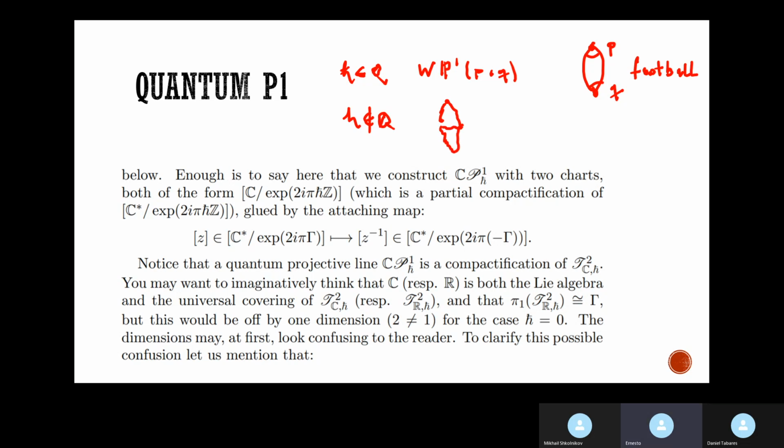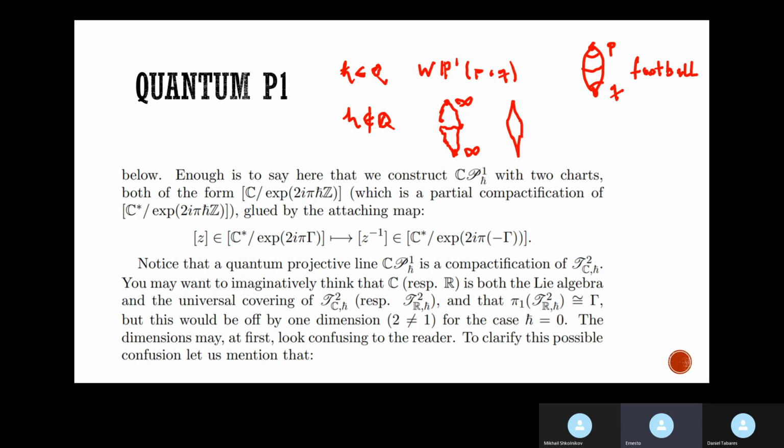And of course, now the picture is even less precise. This is like infinity here and infinity here. So you have this kind of infinitely thin cones glued somehow.